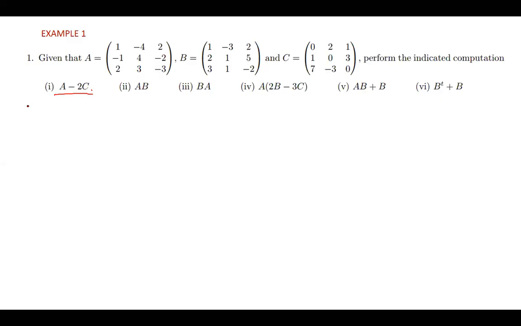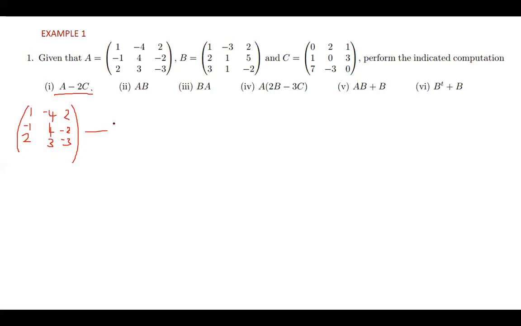So, for instance, you have your A here. Let me write A here. A is 1, negative 1, and then you have 2, you have negative 4, you have 4, and then you have 3 there, you have 2, negative 2, and then you have negative 3.